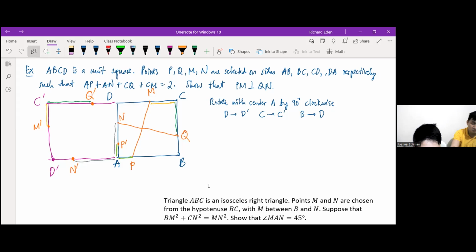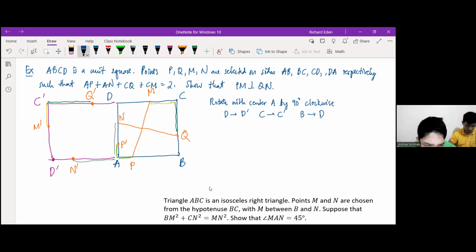But if you take the segments of the 4 colors, altogether they should add up to 2 units, right? Yes, I already see it, I think. What do you see? The goal is to move everything: CQ to C prime DC, and MC is already in C prime DC.